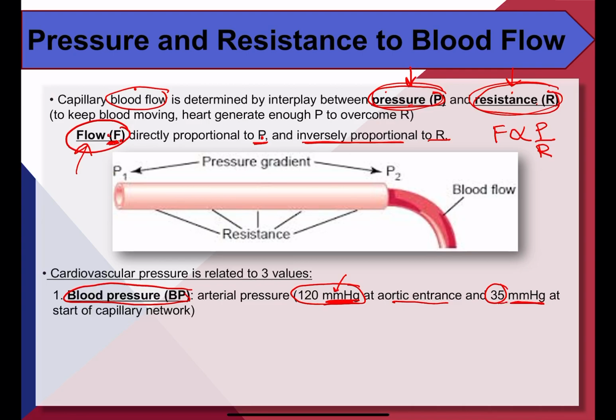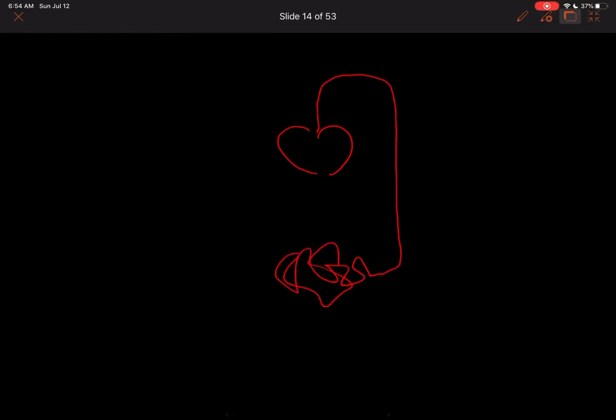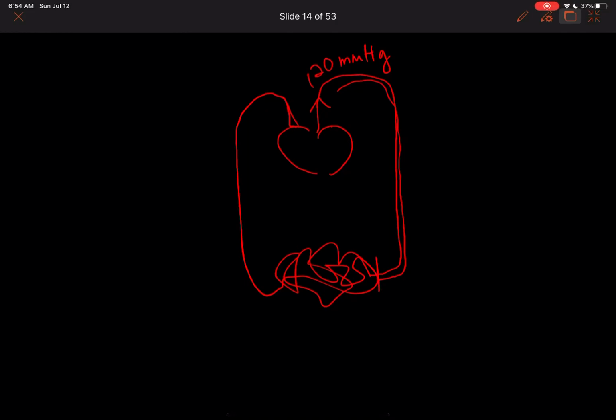Okay, so usually I like to draw this for my class, in terms of the pressure that's coming out of the heart, and then it travels down to your capillaries and then comes back to the heart. Coming out of the heart, you have 120 millimeters of mercury, and then you come down all the way to the start of your capillary bed right here.